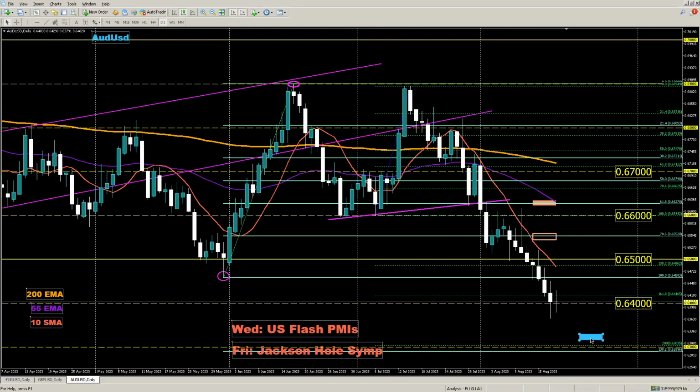So let's drop this one down to this area. Interim resistance now is going to be at the 65 and the 138 pip extension. Next major resistance now is at 66, the round figure, and where this swing low is.